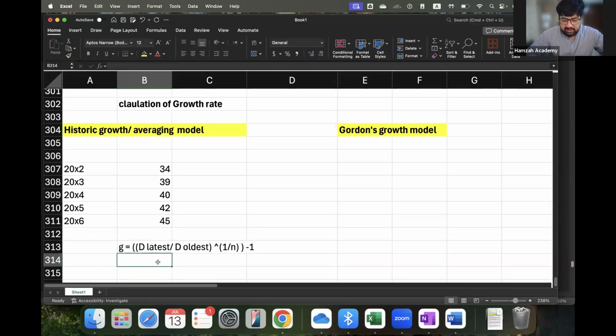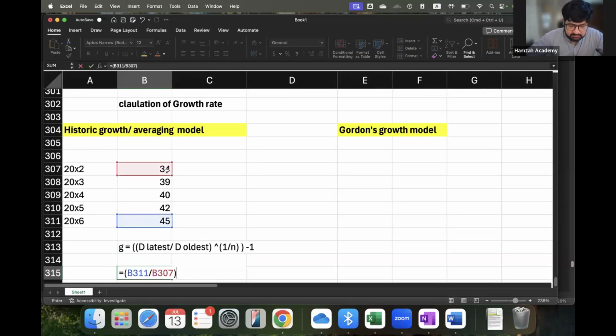Just see here: latest dividend, over first dividend, raised to the power 1 by n, basically a root. Now, what is n? Number of years? No. Number of intervals: 1 interval, 2, 3, and 4.